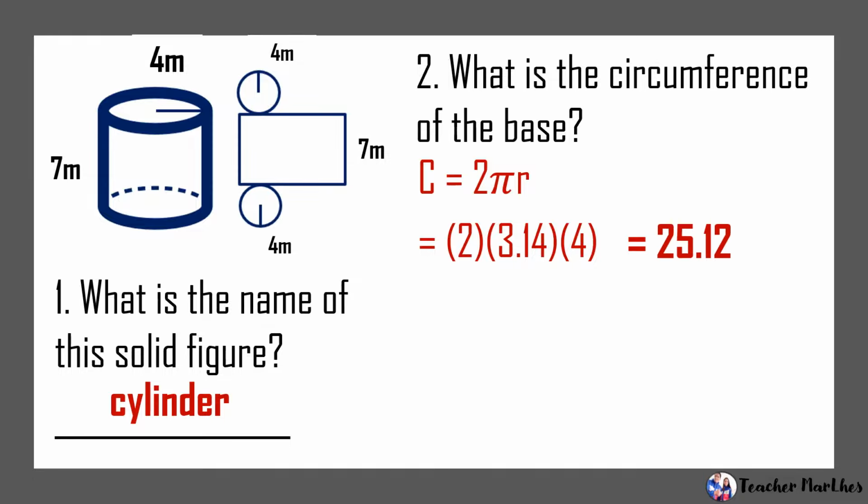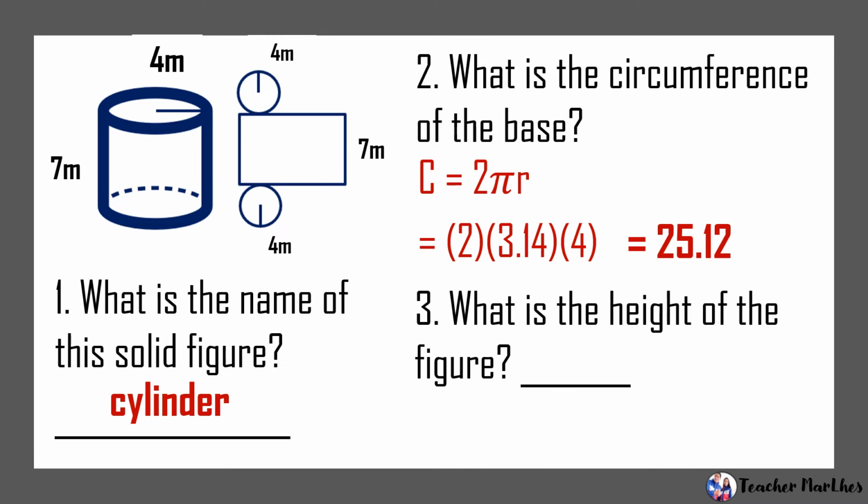So, the answer is 25.12. So, ang circumference ng base ng cylinder ay 25.12 meters. For the third question, what is the height of the figure? Very good. So, the height is 7 meters.